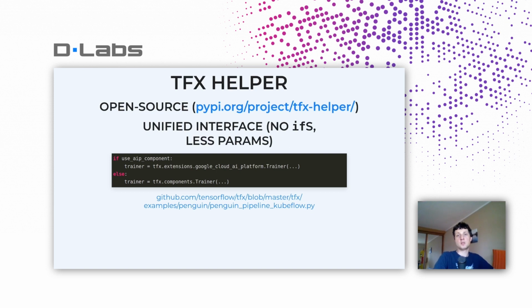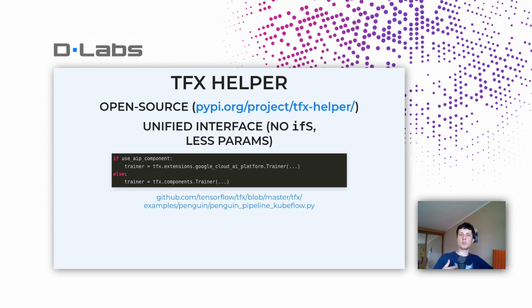First thing it changes compared to the standard TFX is that we provide a unified interface to creating pipeline components. We found this pattern in lots of the materials on the web, where if the pipeline was supposed to run both in the cloud and locally, there was always an if.